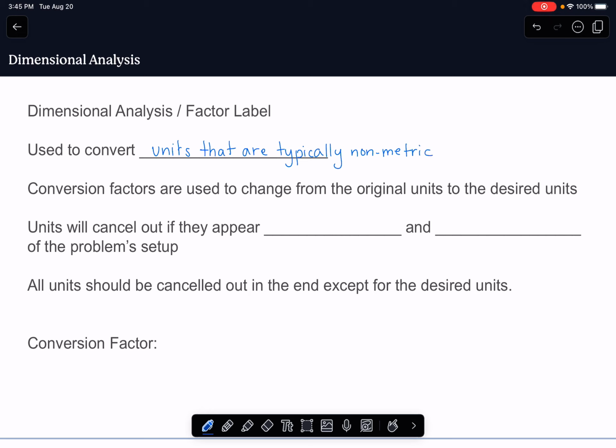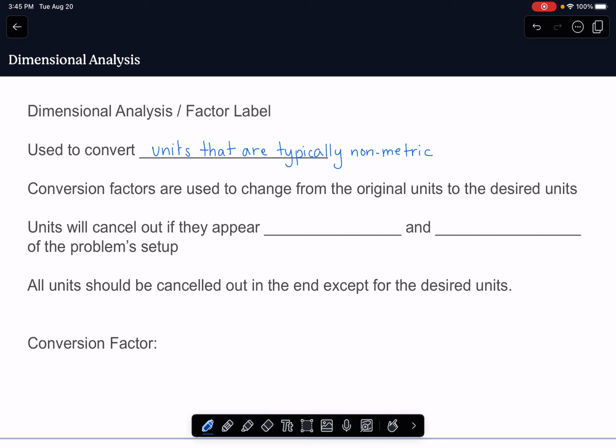When you are converting metric units, it's a lot easier because typically you just have to move the decimal place. But sometimes you are trying to convert between two units that are not necessarily metric. And in that case, you have to use a process called dimensional analysis.